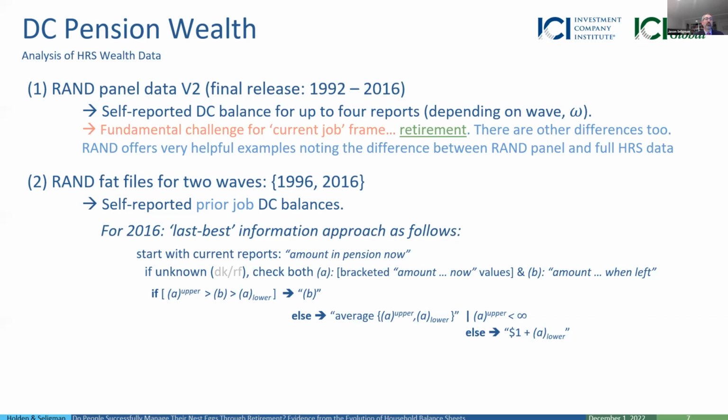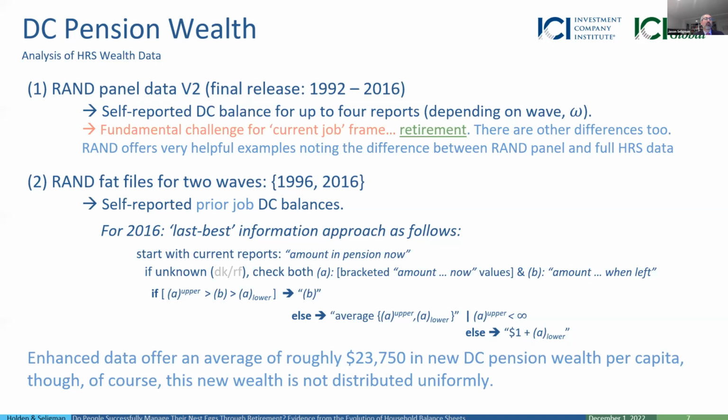If we don't have a B in that range, then what we're going to do is take just the average of the upper and the lower estimate, unless the upper estimate is unknown. And in that case, we're going to take the lower estimate plus $1. Now, the whole motivation here is to keep that number to be a circumspect estimate of the defined contribution pension wealth.